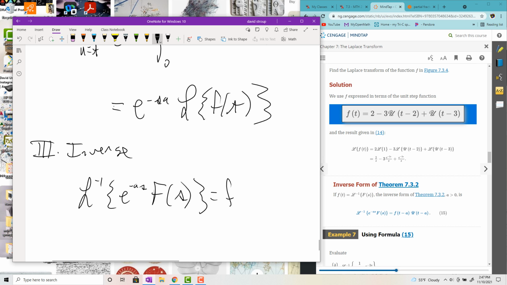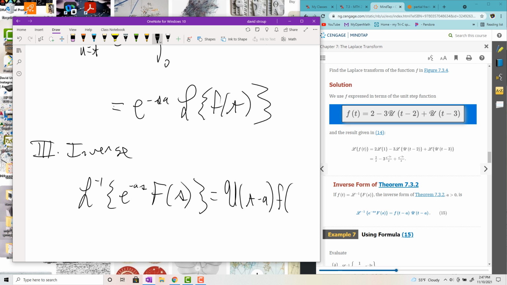I would just pull out the stepwise function first and write that. So u of t minus a, and then you're doing a Laplace inverse of this f of s thing, and when you get it, you're going to shift it.